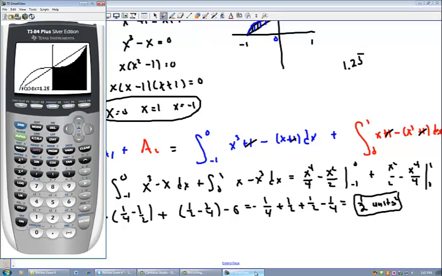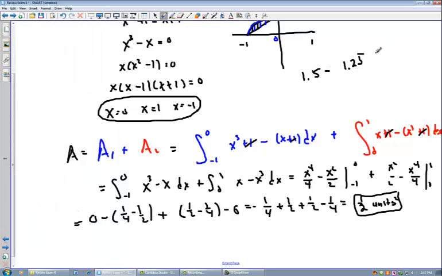And then I'm going to do it underneath the other curve. So I'm going to hit down to go to x plus 1 and go from 0 to 1, and I'm going to subtract that off. So I'm going to get 1.5 minus, which is 0.25. They're symmetric, so I bet it's times 2, so I bet it's 0.5. I bet that checks. And so that's my answer.